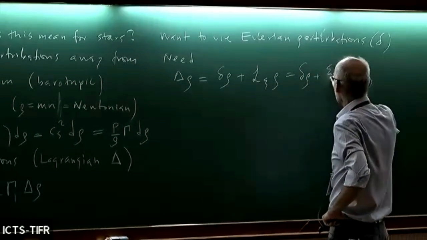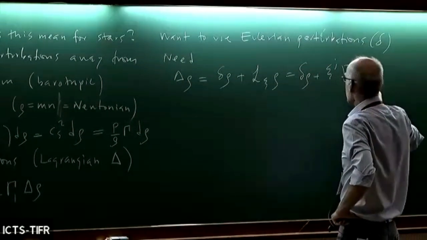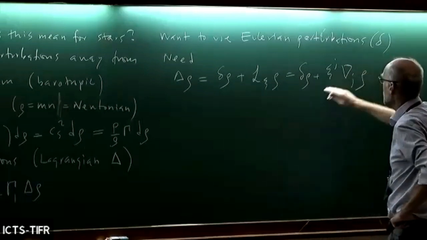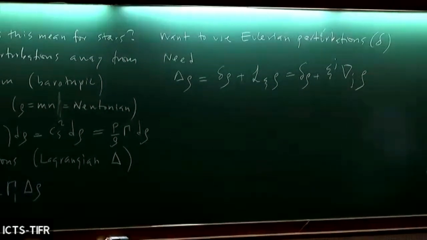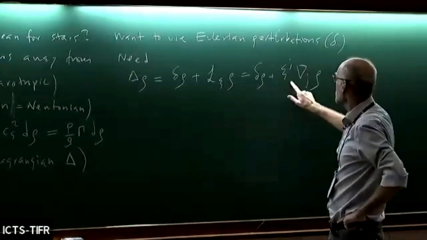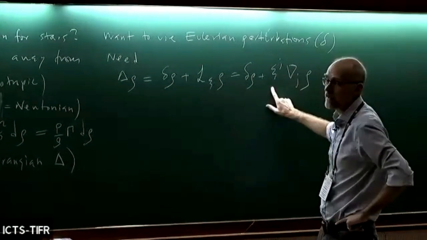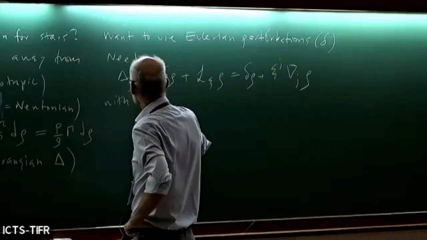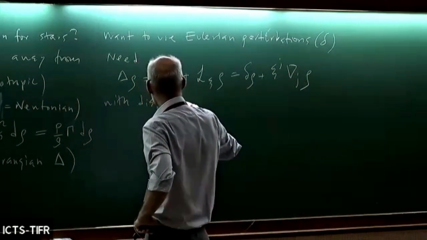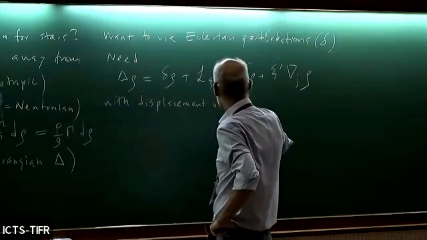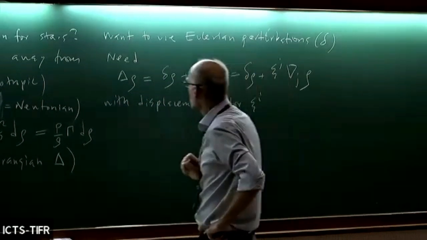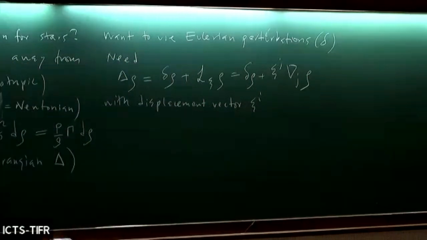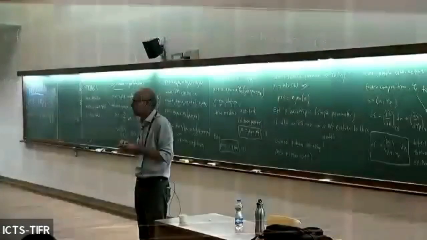This is just the vector psi dotted with the covariant derivative, which is actually just a partial because this is a scalar. This is my definition. This is obviously overkill. I can just write this down. This looks like the convective derivative in a sense, along some displacement psi. Psi is the displacement vector. That tells me how far away this fluid element is from the point where it started, and it's small.